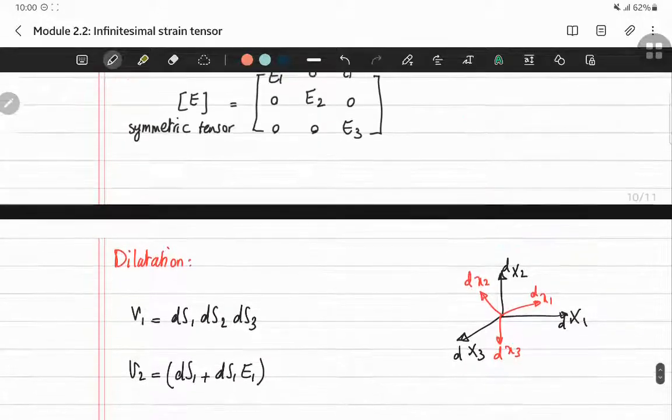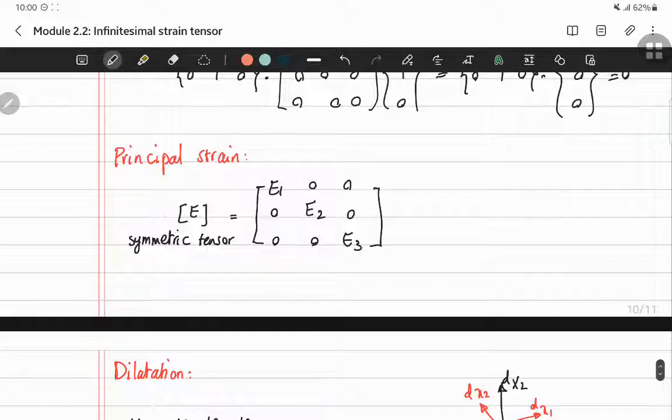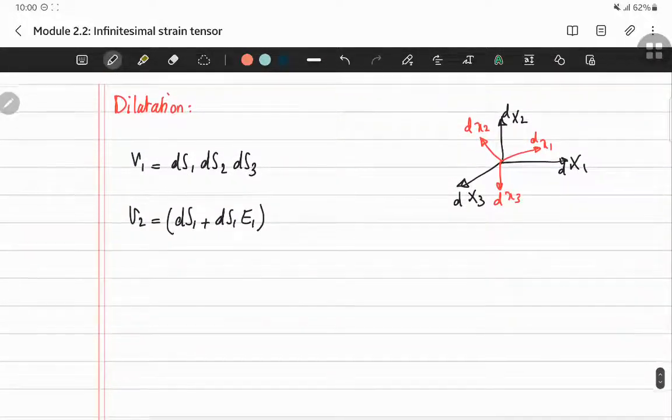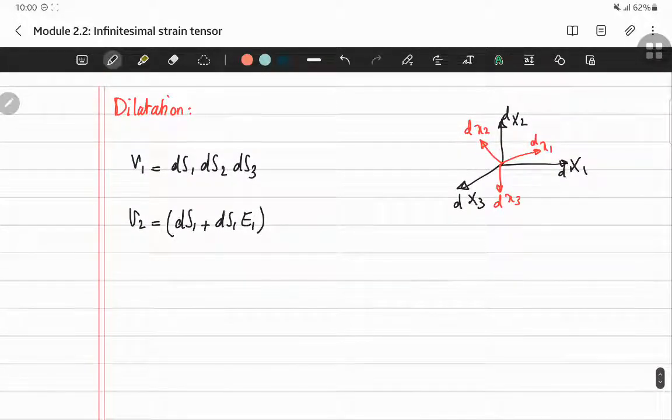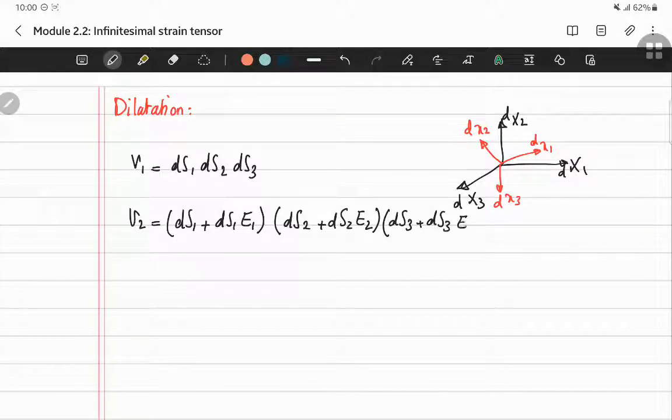We are going to change E into this kind of tensor, which can be easily manipulated and dealt with for the case of dilatation. So times ds2 plus ds2 e2, times ds3 plus ds3 e3.